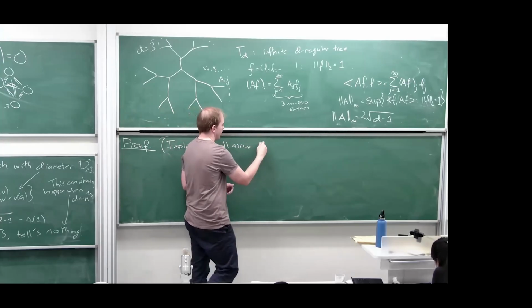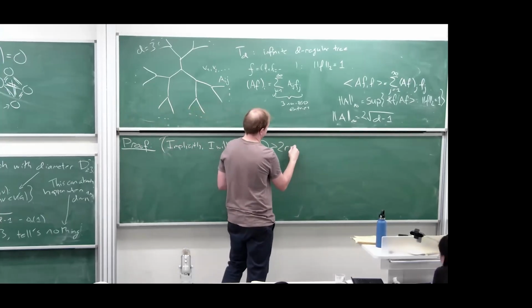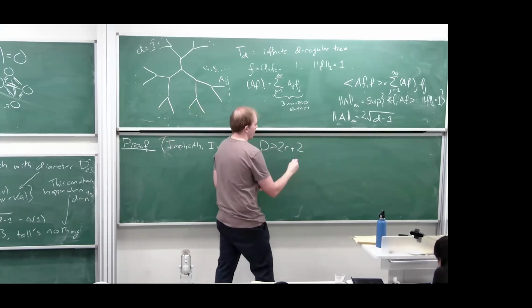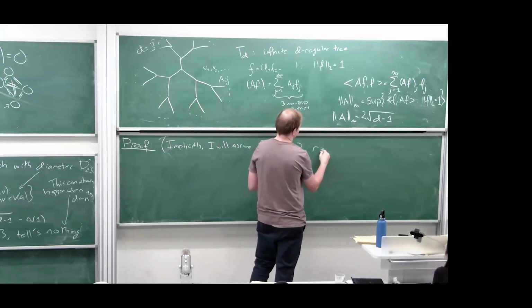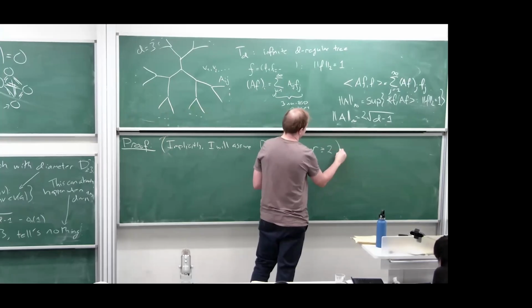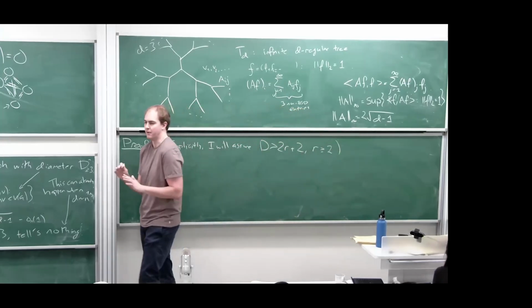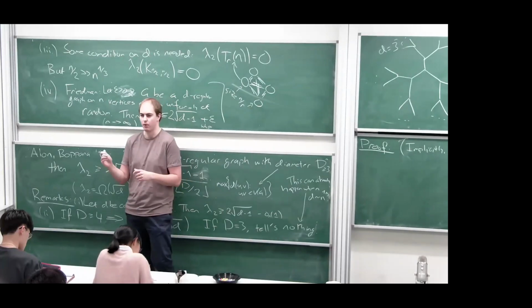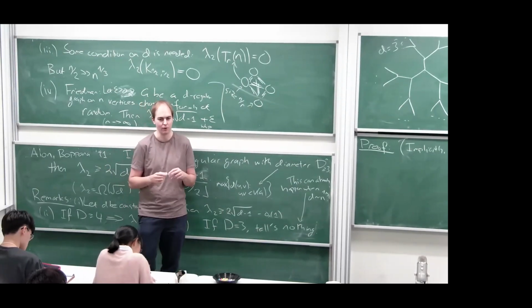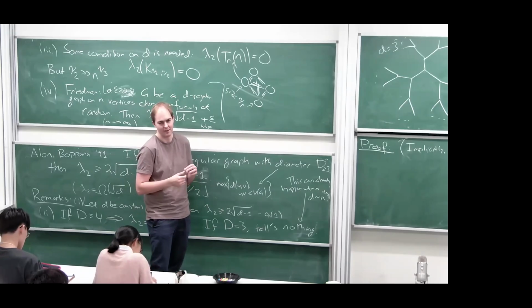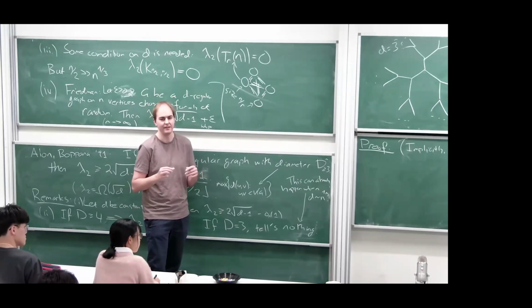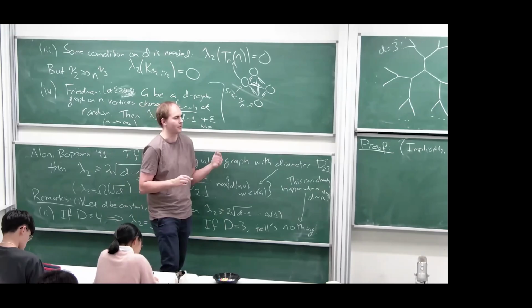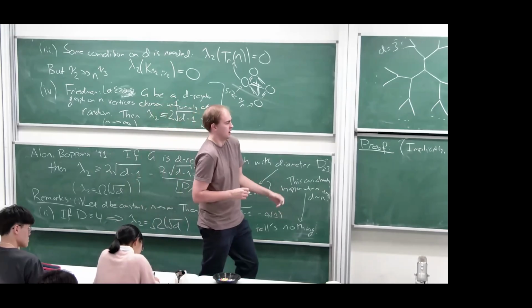assume that D is strictly greater than R, where R is, I don't know, let's say at least 2. So let's not worry about the cases when D is a very small constant, but rather look for the regime when D tends to infinity or capital D is a large constant.